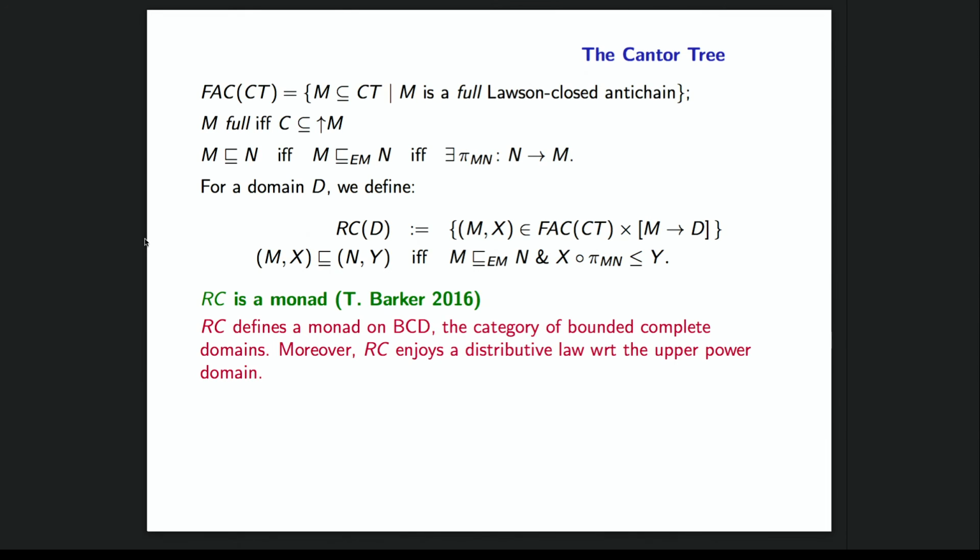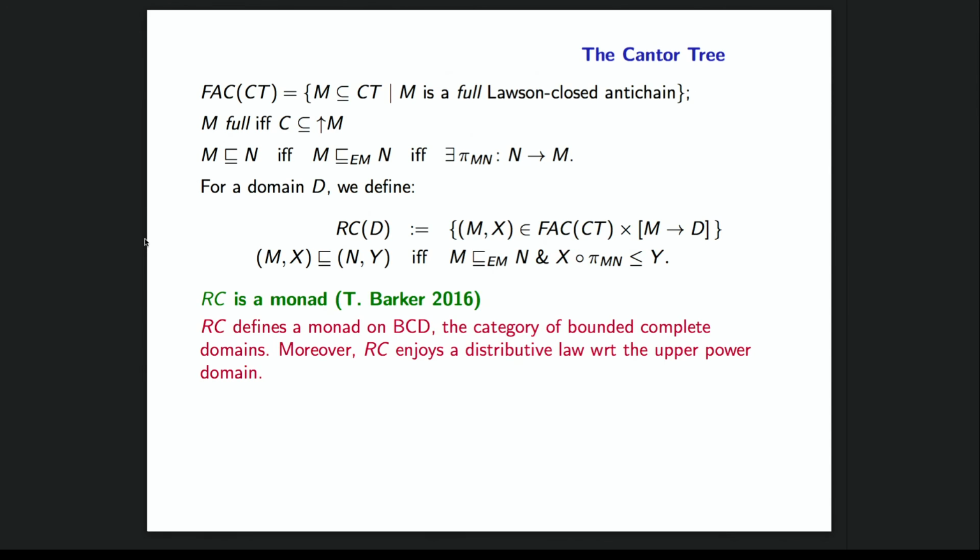If you get a particular outcome in M as the outcome of the flips of coins, then X will tell you what value to take in D to associate to it. And again, order these by this order on the antichain part, and assume as well that this mapping X on the smaller antichain, when you project the n-bit words down to M and then follow by X, you get something less than or equal to Y.